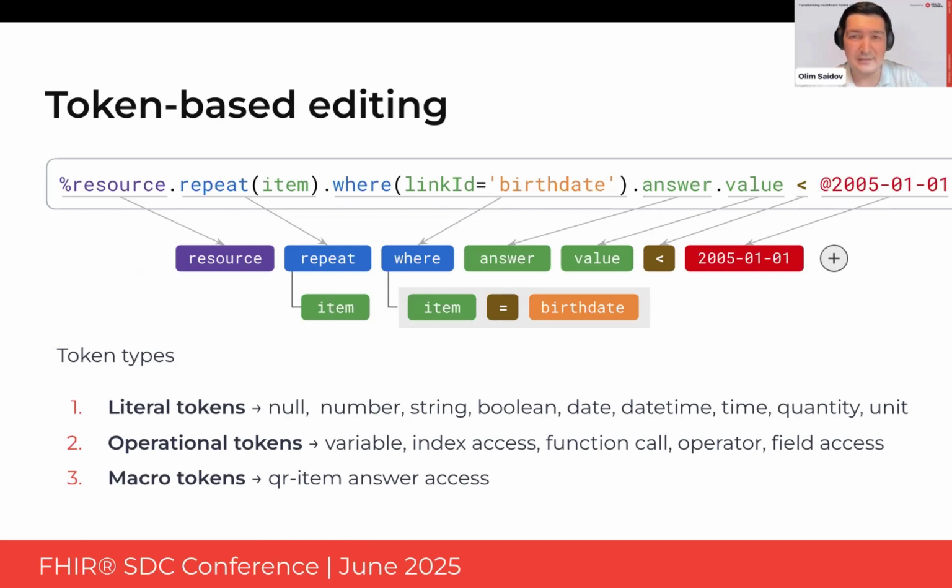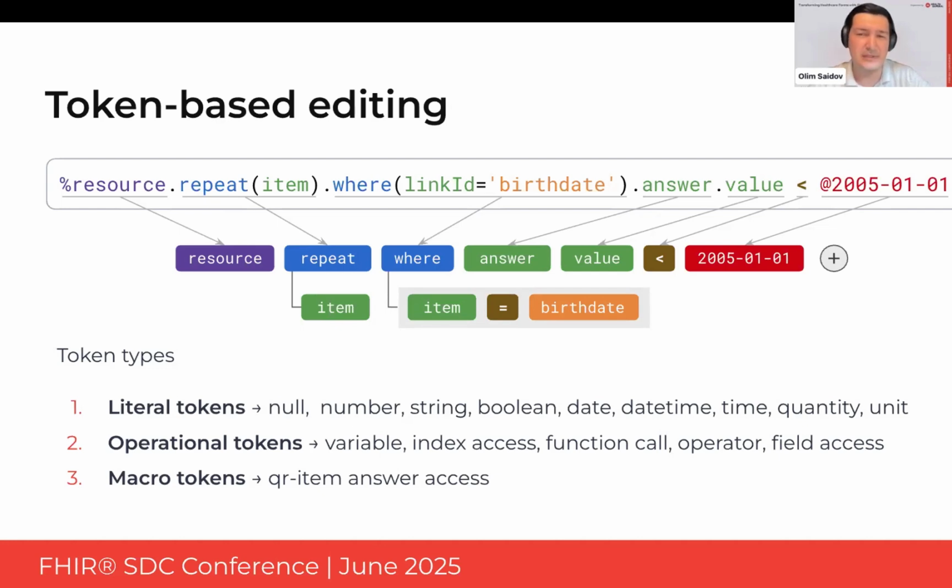You can see that every symbol in it is broken down into individual tokens. Each of these tokens is clickable and interactive. So there is a variable, a function call token, the operator token, the date value. Every piece of the expression becomes something you can see and interact with.